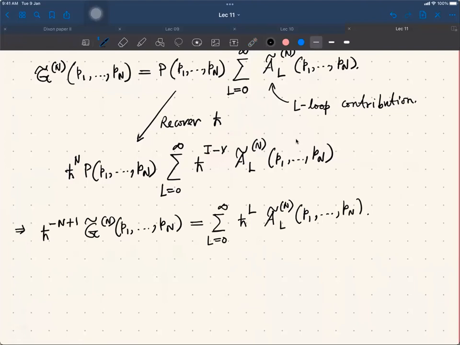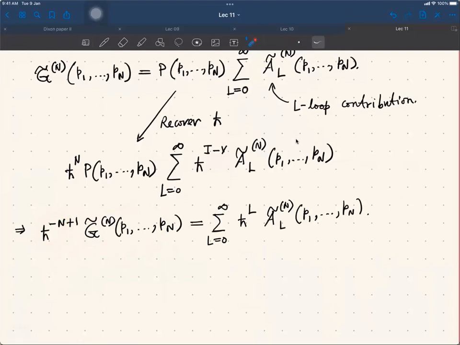So that means you take an n-point Green's function and you multiply with a factor of h bar. If you scale it with the right factors of h bar, this h bar to the power minus n is coming from the external lines.